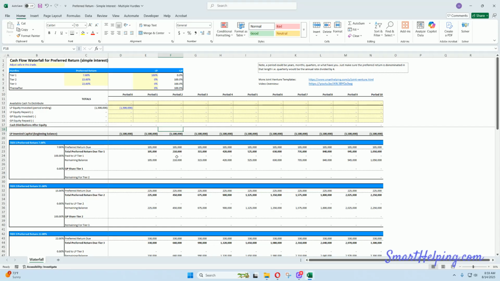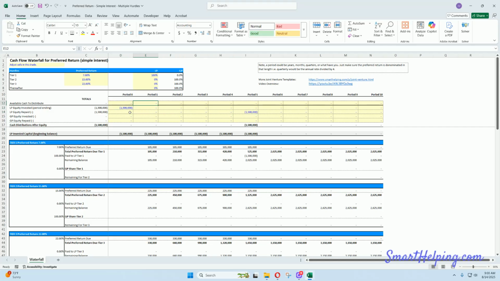Okay, so now what is happening? This is a little bit of a different model, so we can say LP equity repaid. We can manually say what that is and when that happens. So we could hit here minus 1.5 million and say, okay, there's when the equity is repaid.